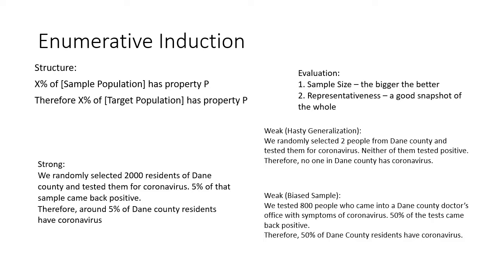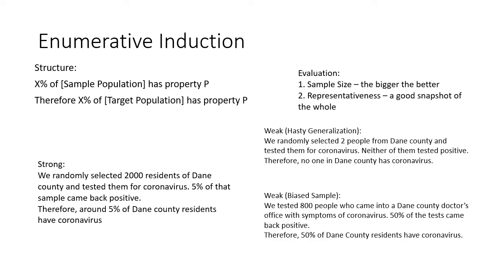Another problem which we haven't discussed is a sample that is biased or isn't representative of the whole. So for example, we might bias our sample by only testing people who have gone to the doctor's office with symptoms. Suppose we only test people who are symptomatic, which is pretty much what we're doing, and we come to find out that 50% of the tests come back positive.